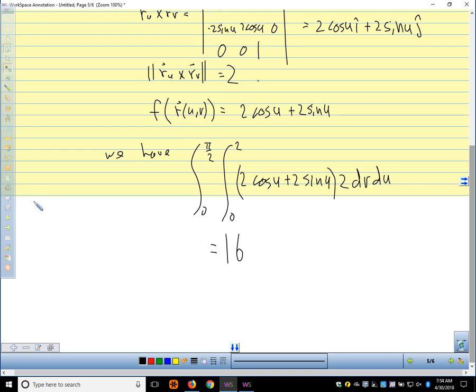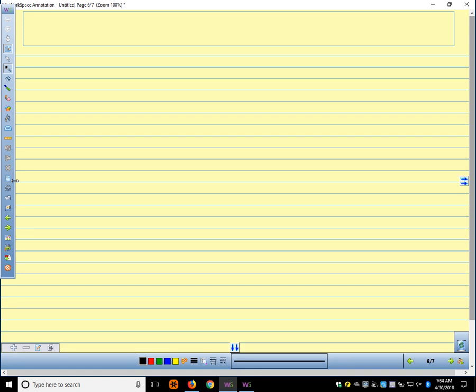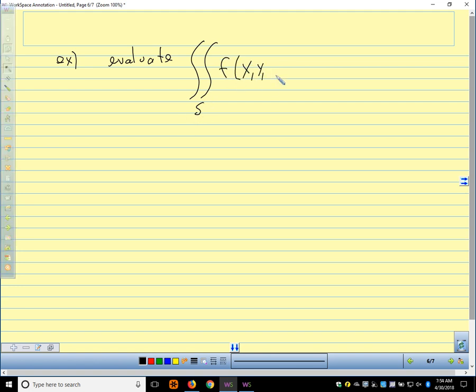All right, let's look at one where we have a little more intricate setup. All right, we want to evaluate our surface integral, f of x, y, z dS, for our function f, which is the square root of x squared plus y squared plus z squared.